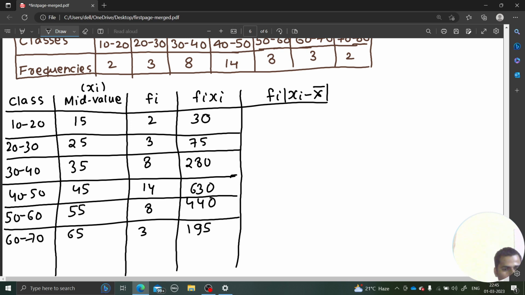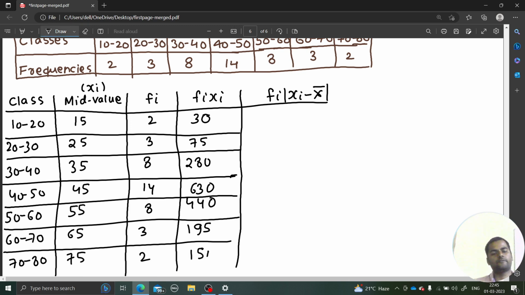So next and the last one is 70 to 80, and it is given 2. Fi is 2. So, y2, it will be 75. And this is 2, this will be 150.